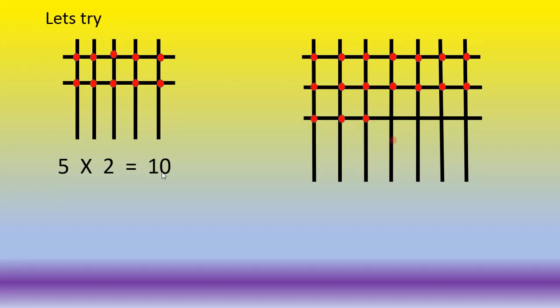Third one. So, how will you represent this in a multiplication term? 7, 3 horizontal lines. So, 7 3s are total midpoints 21. So, 7 3s are 21.